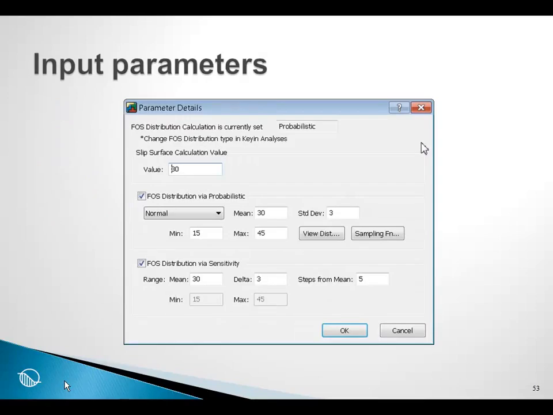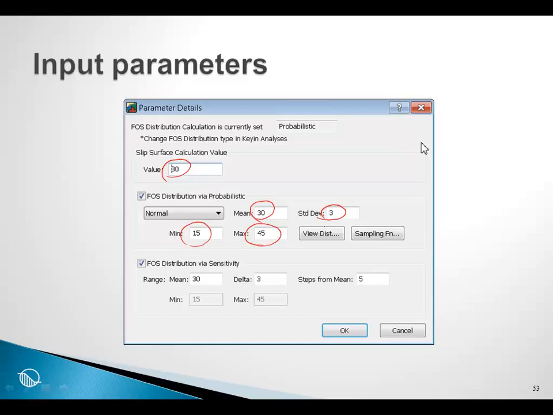When we have a probabilistic analysis, here are the primary ways of describing the dispersion in the values. For a mean value, we can describe the dispersion as a number of standard deviations, and we can also limit the range of the values from a minimum to a maximum value.